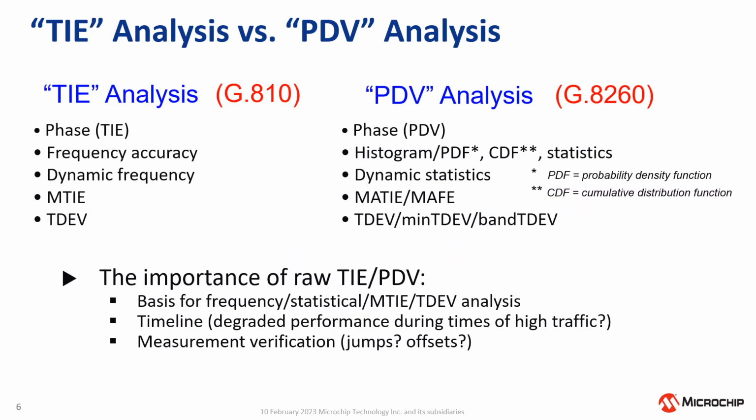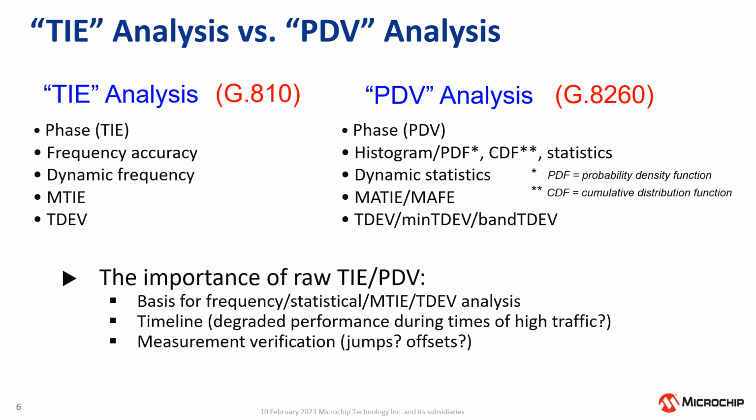It is useful to contrast the approach we have to physical signals, time analysis, with that for packet analysis. A very important measurement for both is the measurement of phase: in the case of physical signals, time interval error, in the case of packet signals, packet delay variation.